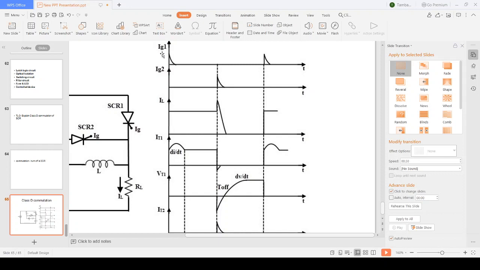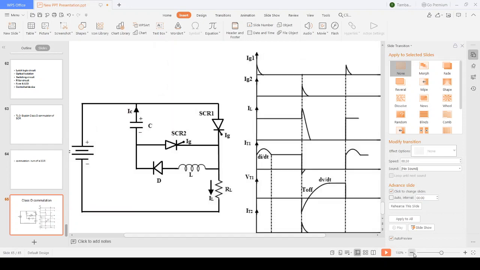So Ig1 is the gate current for SCR1, Ig2 is the gate current for SCR2, IL is the load current flowing through resistor RL, and IT1 is the value of current, VT1 is again the value of voltage, IT2 is again the value of current.